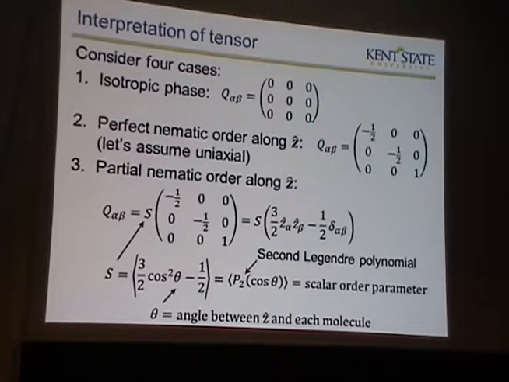How about another case? How about if we have perfect nematic order along the z-axis? That is to say that all of the molecules are exactly aligned up or down along the z-axis.